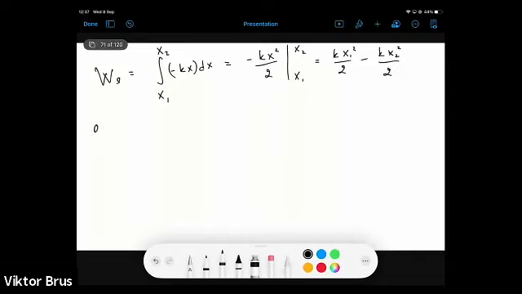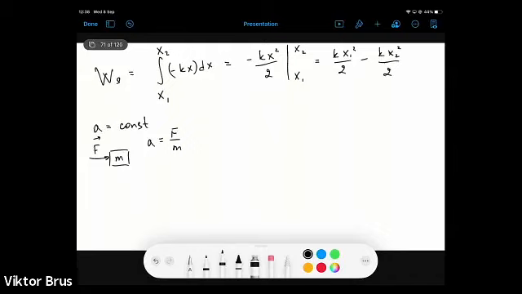So if we consider uniform acceleration, let's say we have some body and some force which acts on this body. Obviously, it will move with some acceleration. This acceleration will be F divided by m, which is the mass of the body.